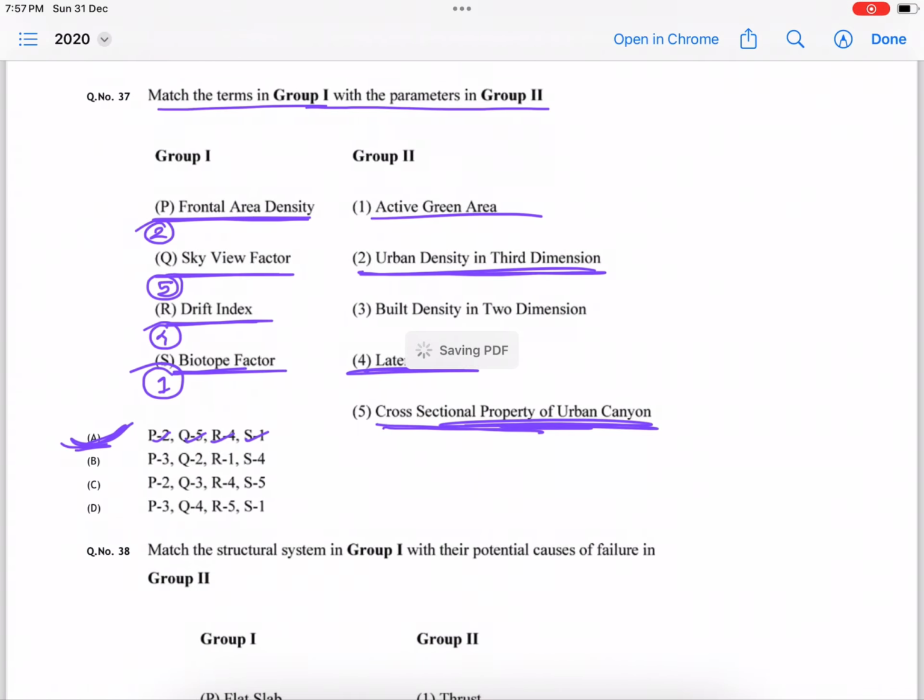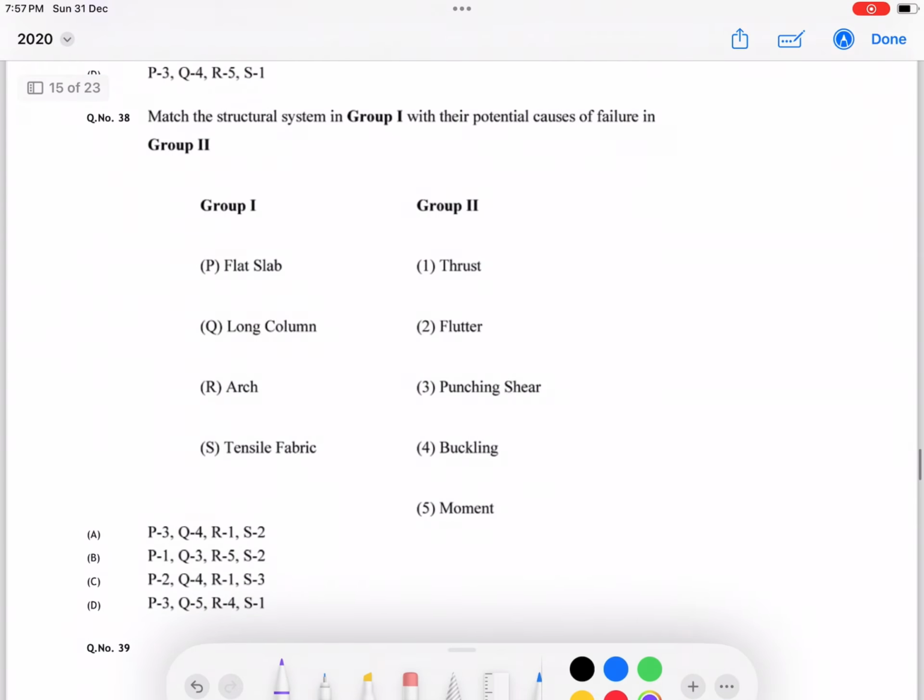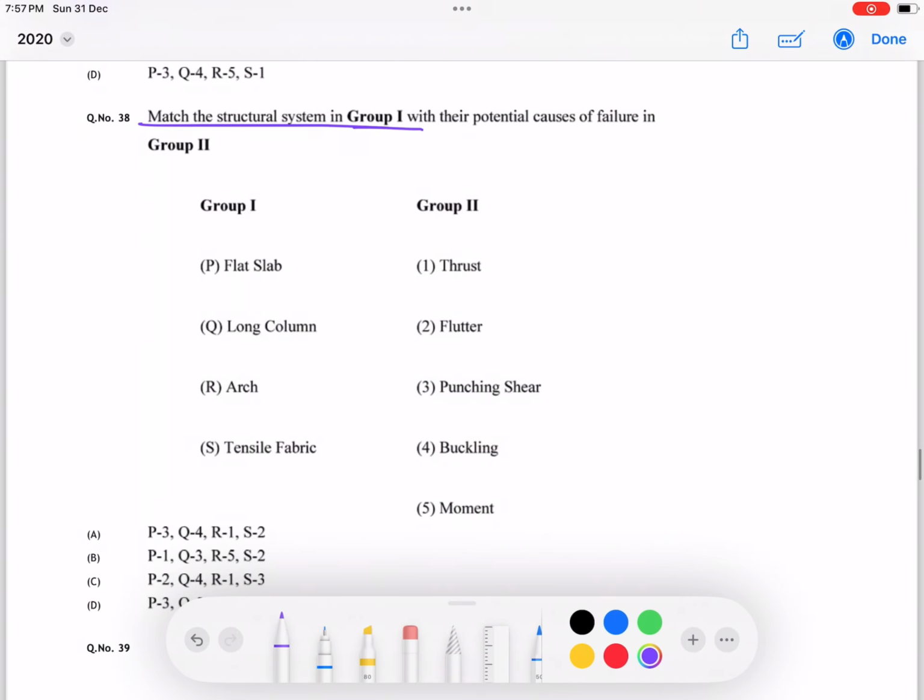Question number 38. Match the structural system in group 1 with the potential cause of failure in group 2. First attempt the answers which you know, like a long column fails in buckling, arches in thrust, tensile fabric in flutter, and the flat slab in punching shear.